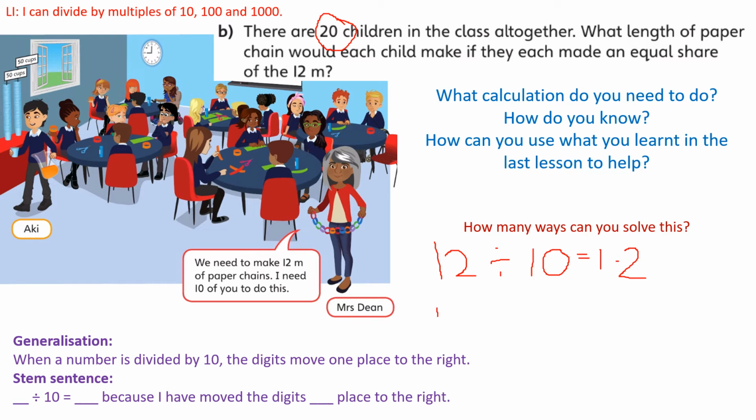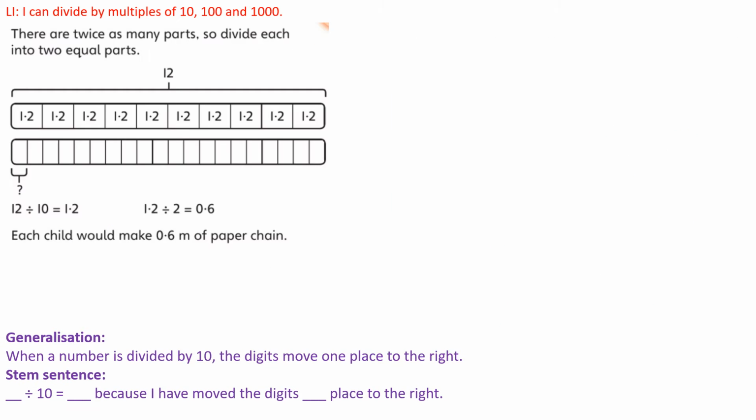So we would do 1.2 and then divide that by 2 would equal 0.6. And here you can see that there are twice as many parts, so you divide each into 2 equal parts. So we've divided the 1.2 into 2 equal parts, which gave us 0.6.